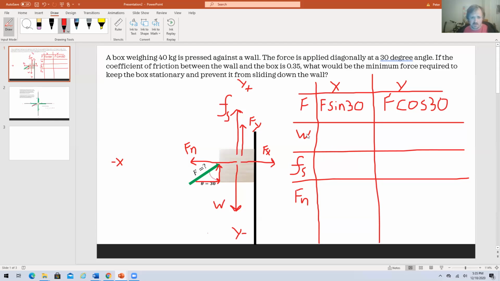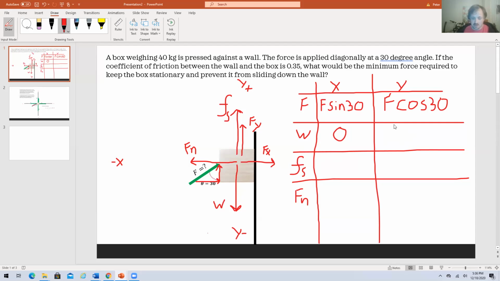All right, moving on to W. What we can say about W, without a doubt, just by looking at our free body diagram over here, is that all of W is in Y and none of it is in X. So for X, W gets a big 0. And for Y, W would simply equal the box's mass multiplied by gravity, G, which is 9.8.